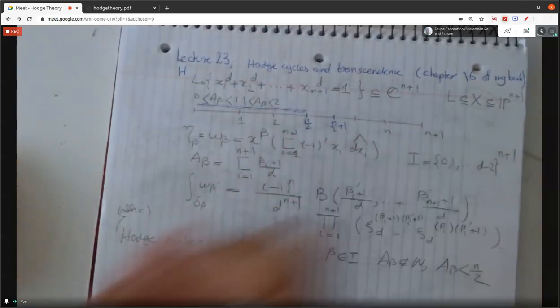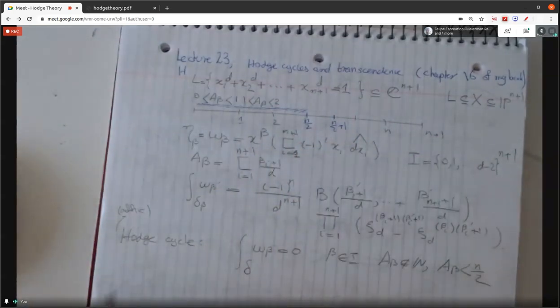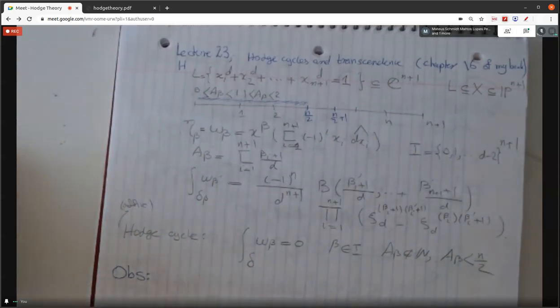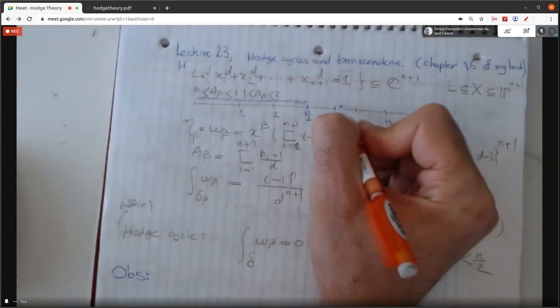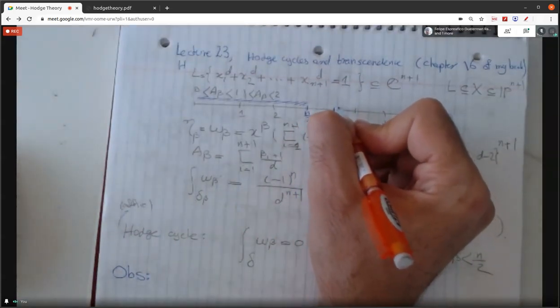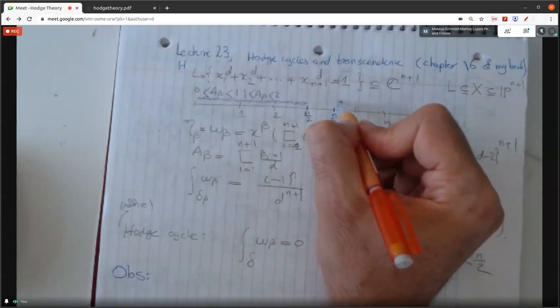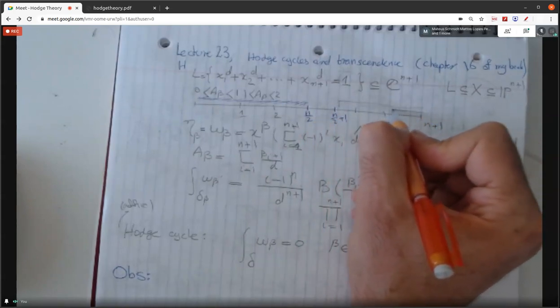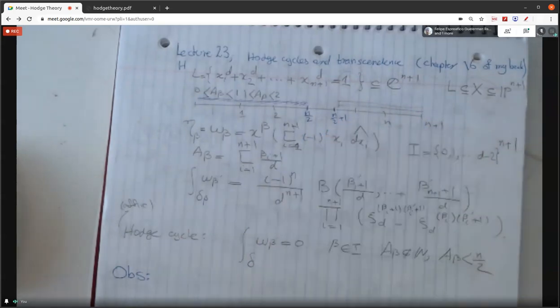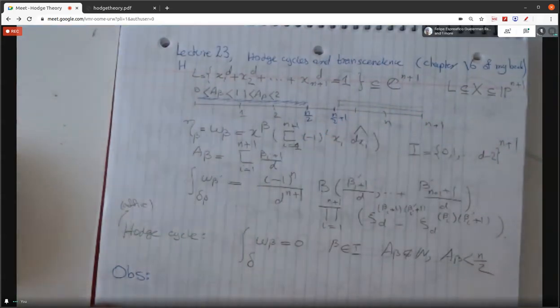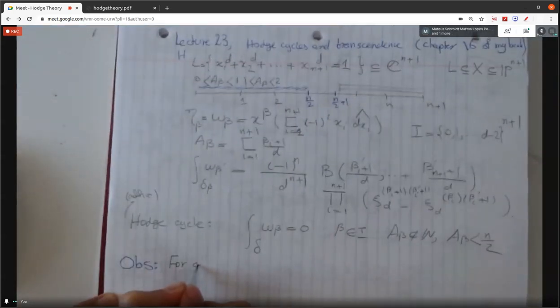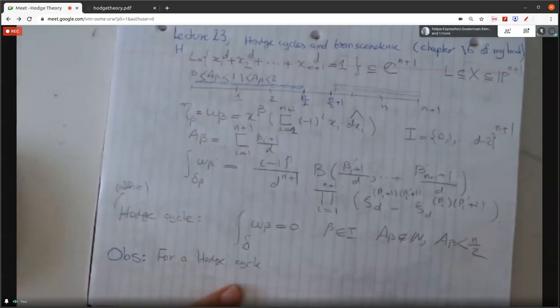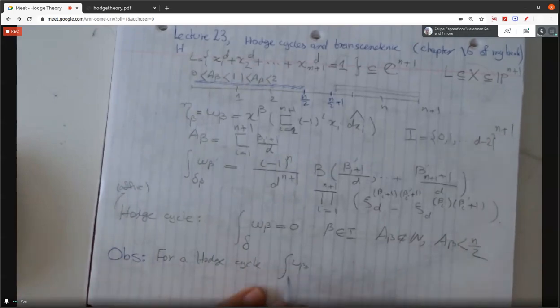And okay, so maybe one observation that I want to make. So this is the characteristic of the Fermat variety, but for this differential form, the integrals are also 0 for a Hodge cycle. So let me say omega beta over delta, let's say delta, is 0.